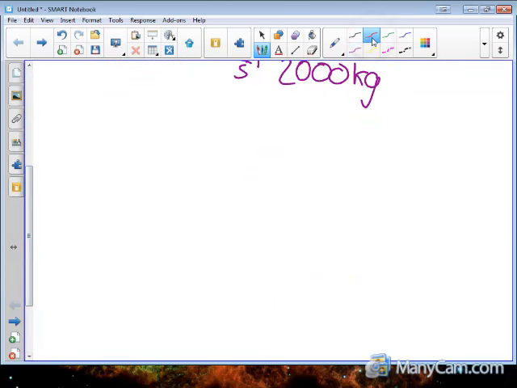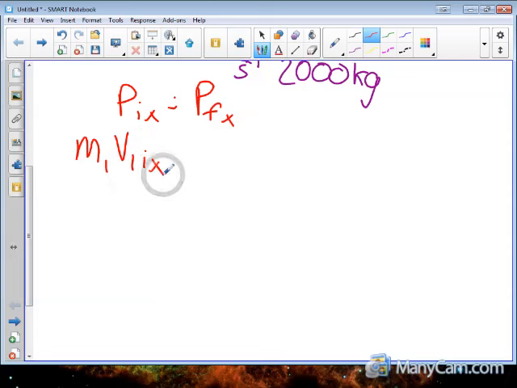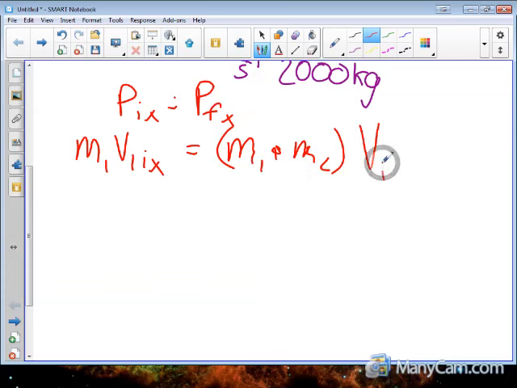So we'll go with red first. I know P initial x equals P final x. So initially M1 V1 initial in the x direction is going to be equal to M1 plus M2 times V final in the x direction. Remember, we're looking at only x's here.